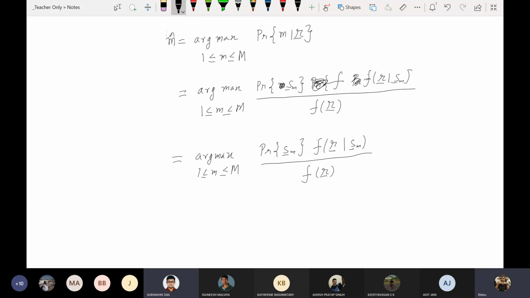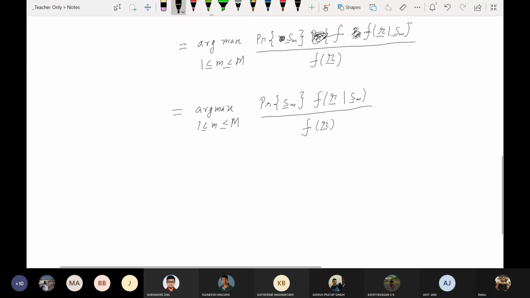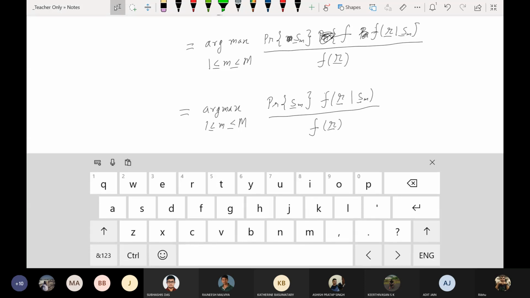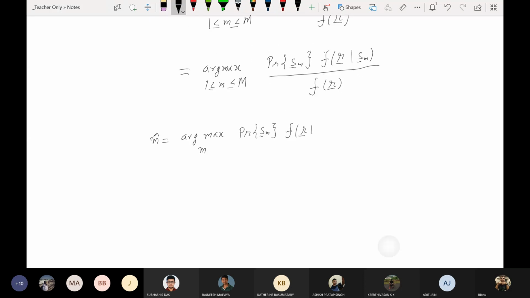Okay, SMs are symbols, so they are vectors. Fine. Since the denominator is independent of m, m hat equals, right.